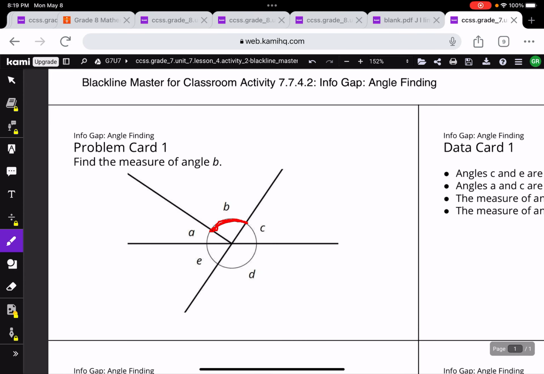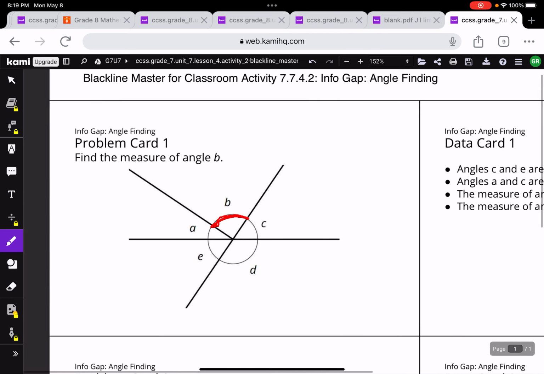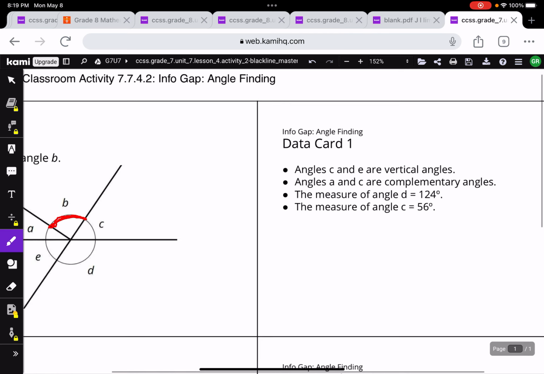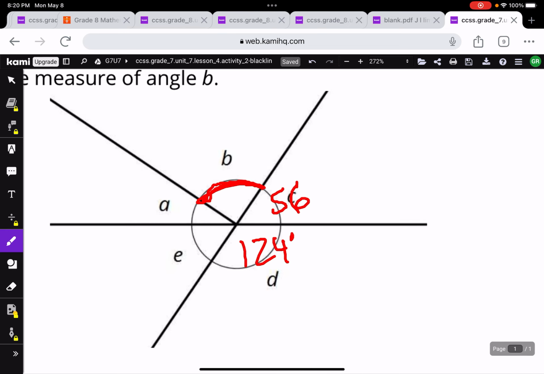But we could say, do you know angle A? And they would look and say, no. Do you know angle E? And they'd say, no. Do you know angle D? Well, yes, I do know that. Angle D is 124 degrees. So okay, let's write 124 down on our card. Angle C, yes, we do know that. That's 56 degrees. And that makes sense. Our partner didn't really need to tell us that. Why? Because we have a straight line right here.